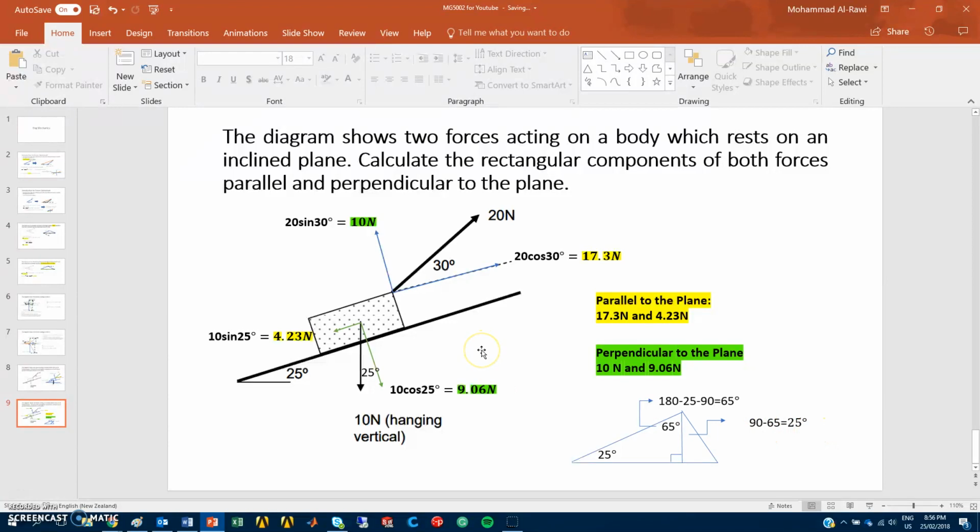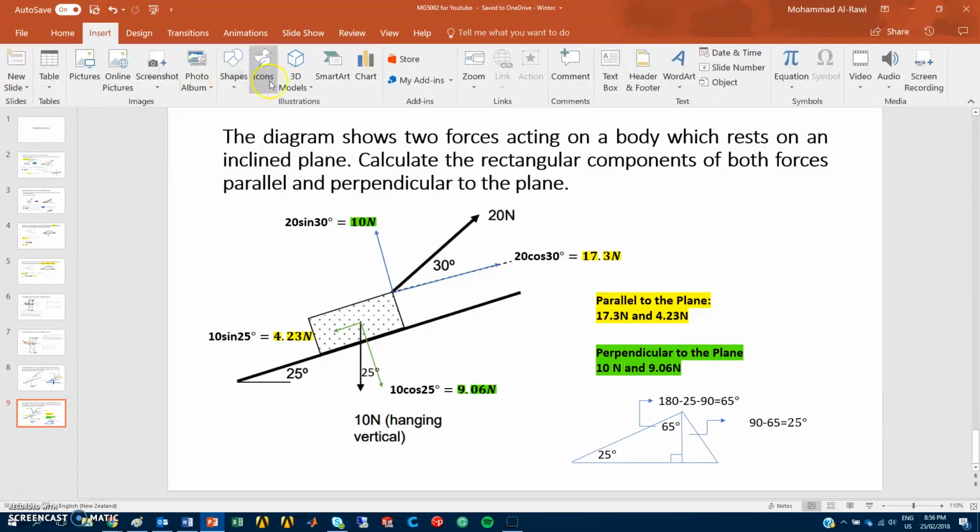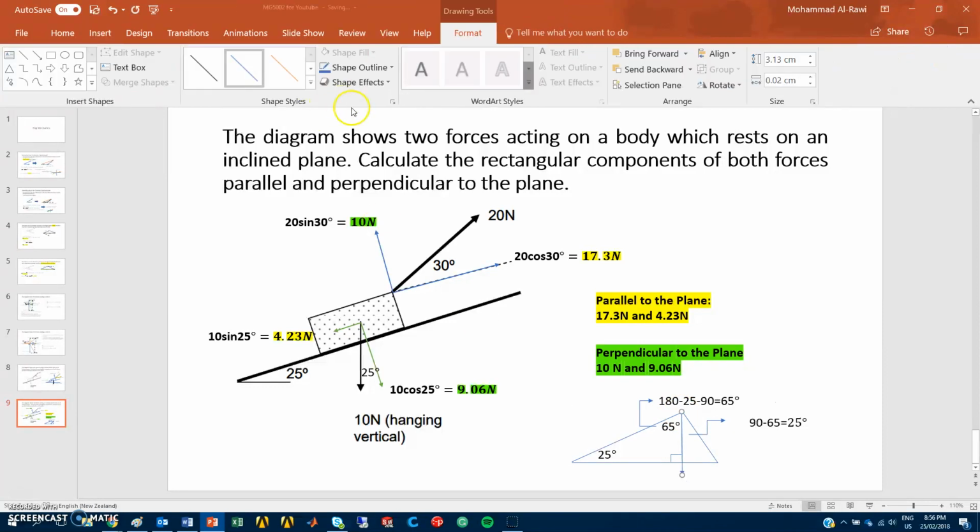Now, if I want to put the components for this force, if that was the incline, then from here to there represents the force which was equal to 10 newtons.